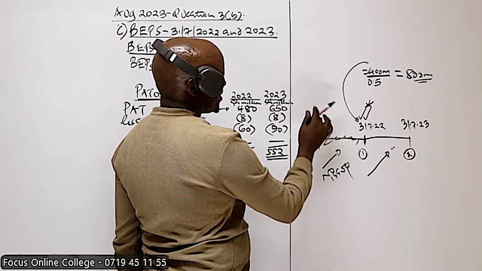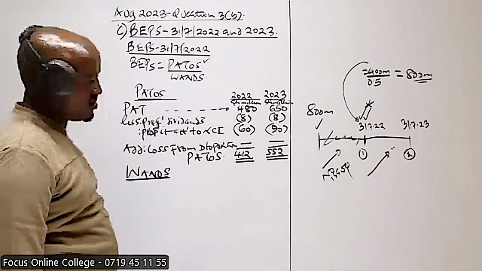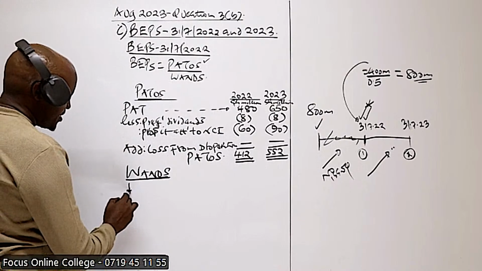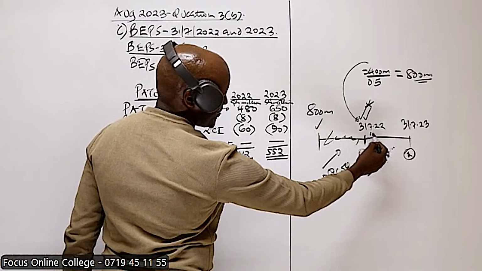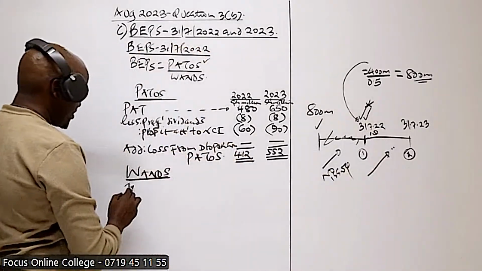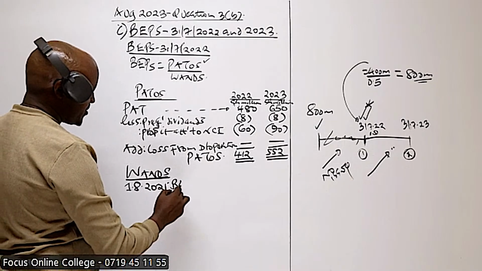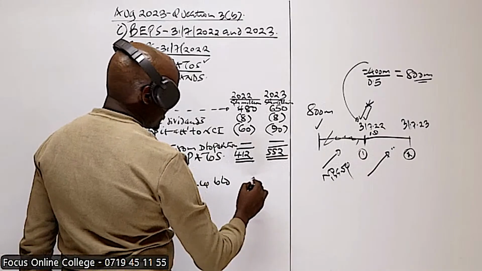It also means that the shares which had been issued at the start were 800 million. So in terms of how we compute this, the next year starts on 1st August. This year started on 1st of August 2021. The shares which had been issued, which we refer to as the balance brought down, were 800 million.